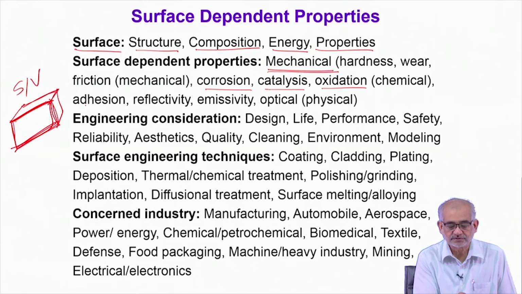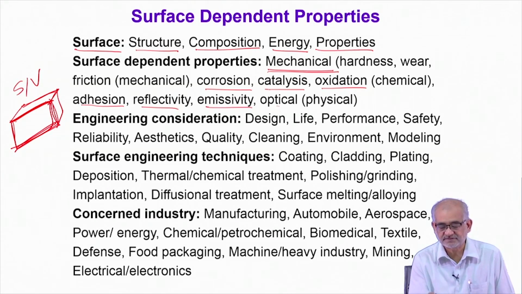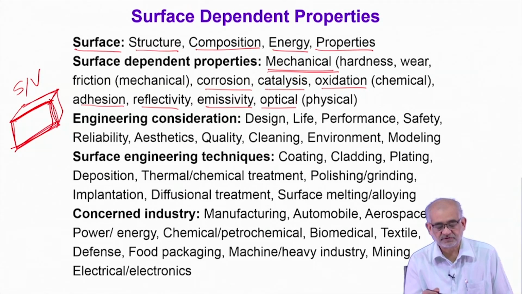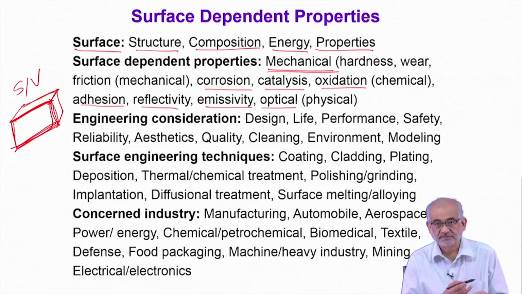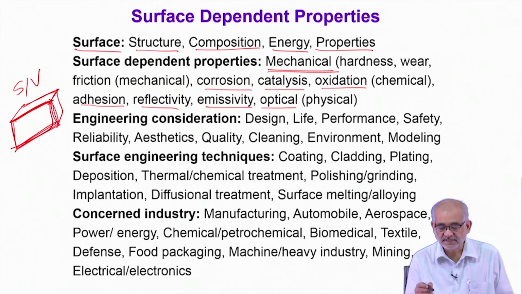Also we are concerned with various physical properties like adhesion, reflectivity, emissivity, for example the optical emission properties, or simply the aesthetics or the appearance of the surface, and color and so on.